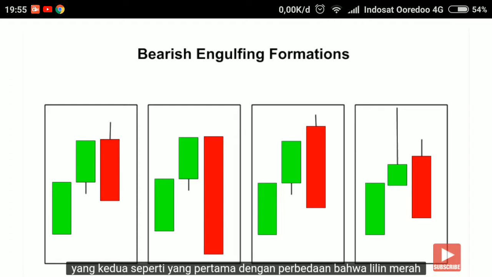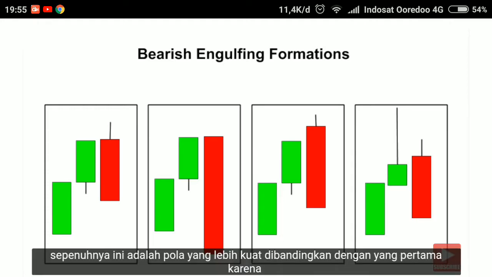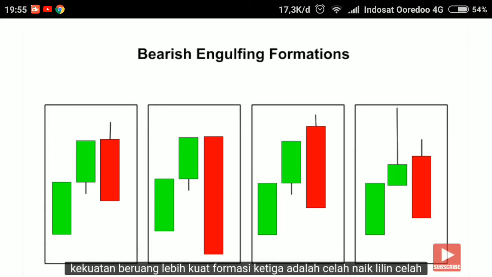The second one is like the first one, with the difference that the red candle is bigger. This is still a bearish engulfing pattern. 1/3 is the minimum, but often it happens that the red candle covers 2 or more green candles completely. This is a stronger pattern compared to the first one because the strength of the bears is stronger.